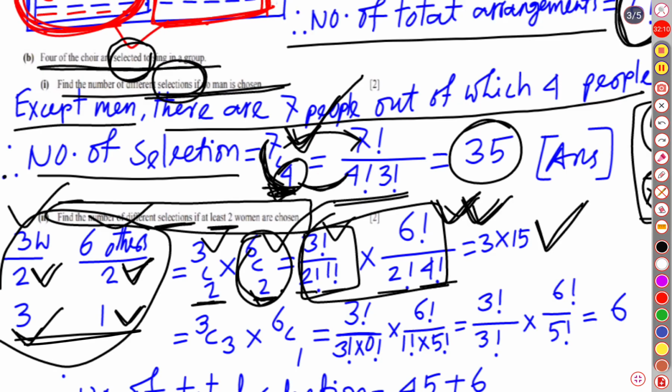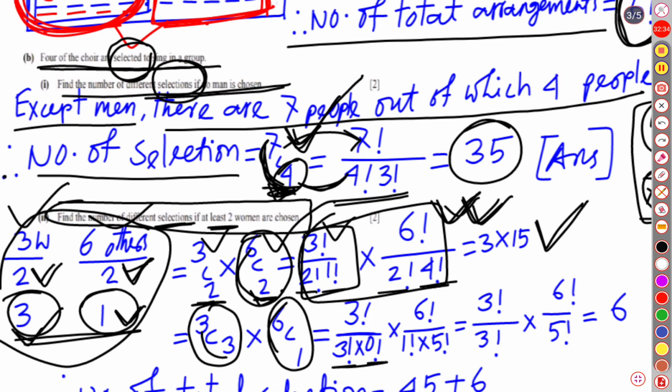Let's see the second case. Second case is we have chosen 3 women and 1 other person. So from the 3 women we choose 3, and from the 6 other people we choose 1. So 3 factorial over 3 factorial, and 3 minus 3 is 0.